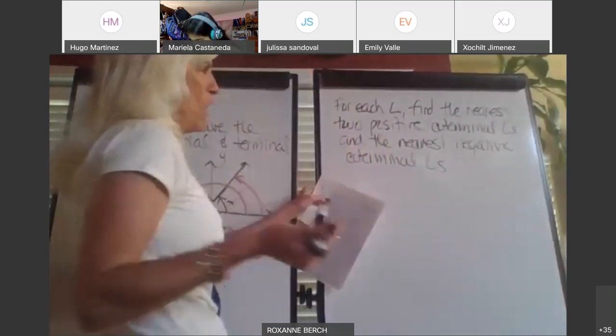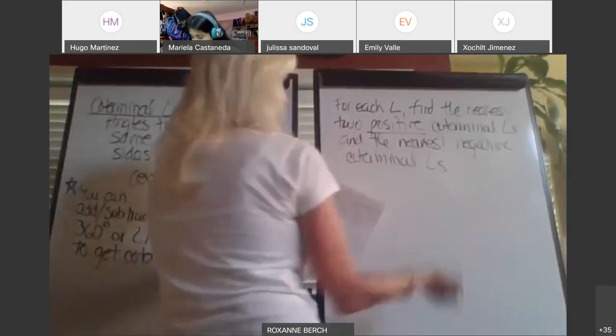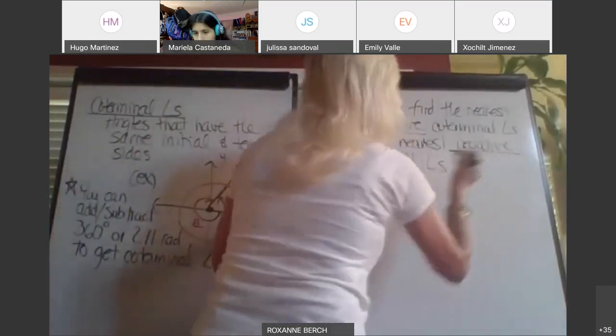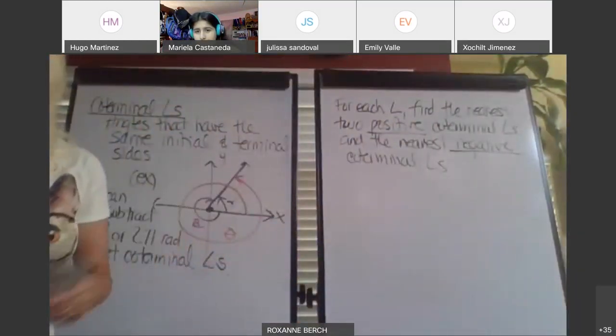All right, so basically what they want is 2 positive coterminal angles and 2 negative coterminal angles.